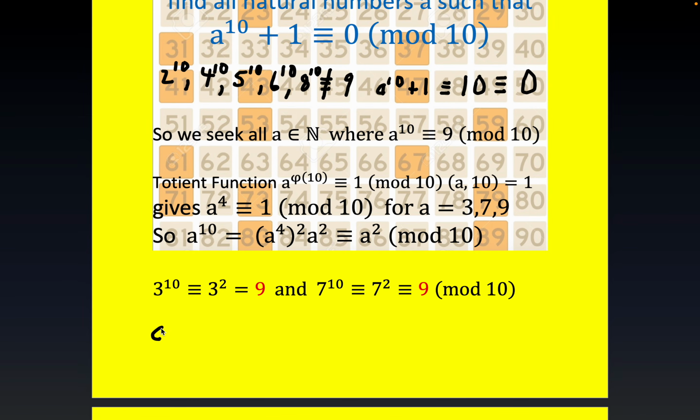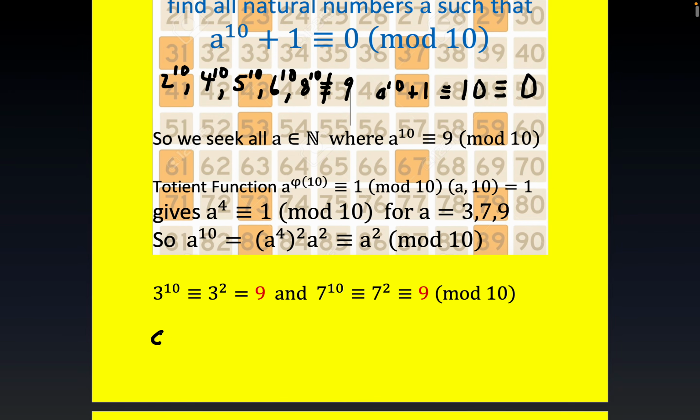Okay, so 3 and 7 are our solutions in the reduced residue class, but the more general solution would be a equals 3 plus some multiple of 10, call it 10 K sub 1. Remember, 10 K sub 1 is congruent to 0 mod 10 trivially. And in a similar fashion, a could be equal to 7 plus 10 K sub 2.